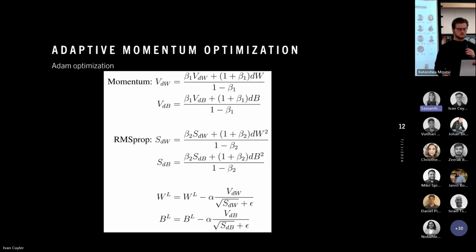All right, so continuing to build on both these methods, we get something called adaptive momentum, or ADAM optimization. ADAM optimization is basically a combination of the previous two methods, where we calculate both our momentum-like components and our RMSprop-like components, and we combine them in the weight and bias matrix updates.